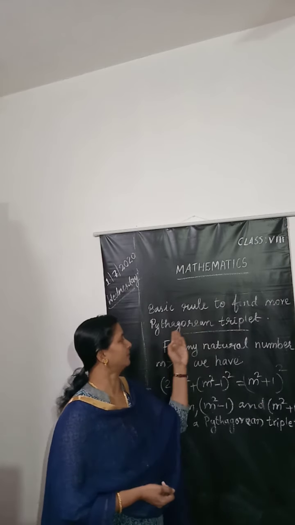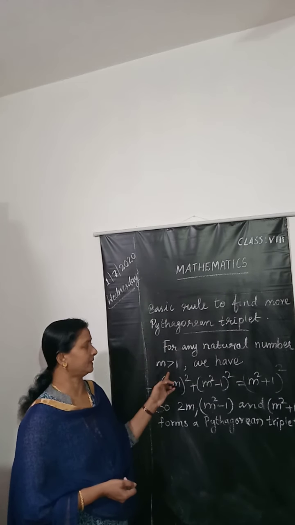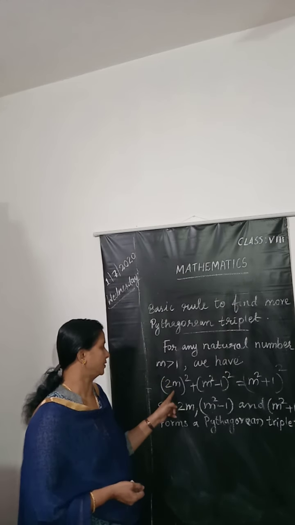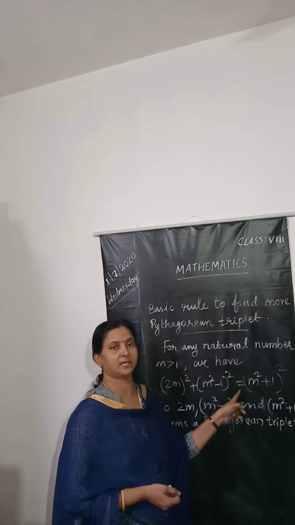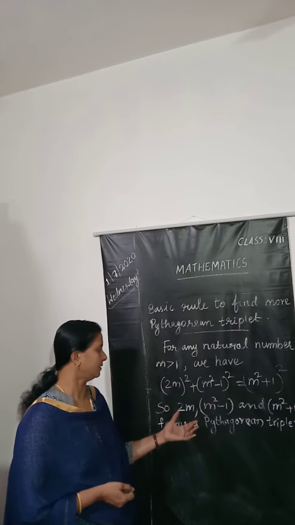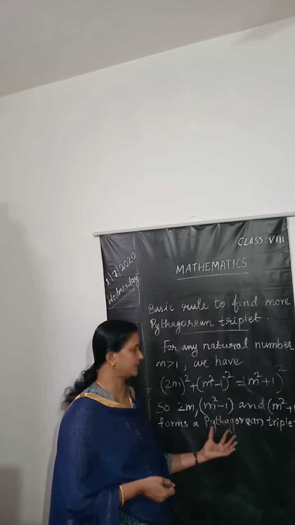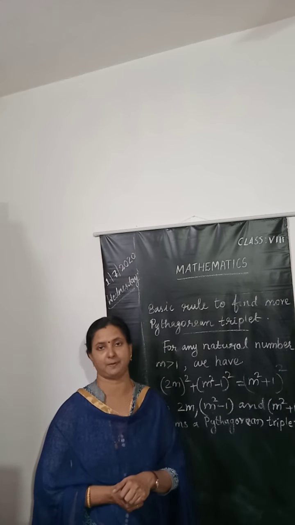Basic rule to find more Pythagorean triplet. See, for any natural number m greater than 1, we have 2m whole square plus m square minus 1 whole square is equal to m square plus 1 whole square. So, this 2m, m square minus 1 and m square plus 1 forms a Pythagorean triplet.